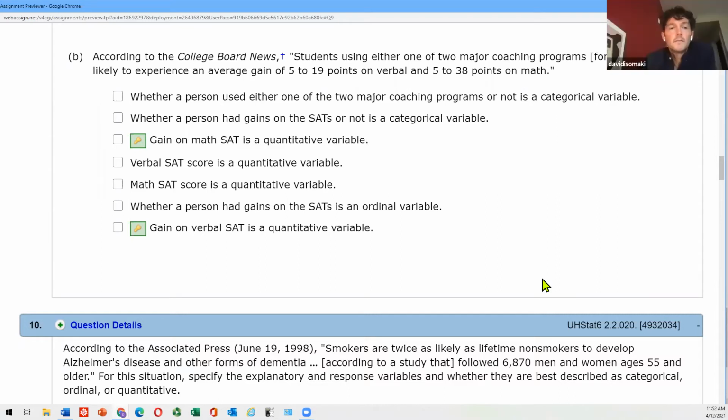If it was a variable, I'd agree it's categorical. But the way I'm reading this story, you're doing A and the other guy's doing B. You don't have a choice. If there's no choice, it's not really a variable. Right? Whether a person had gains on the SAT or not is a categorical variable.